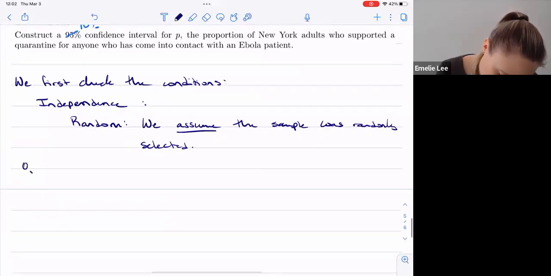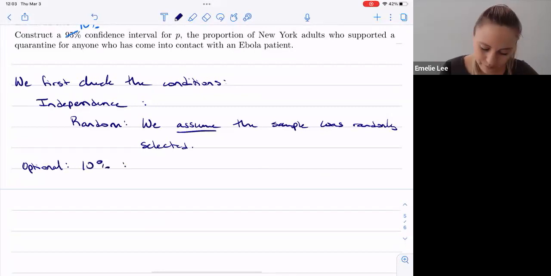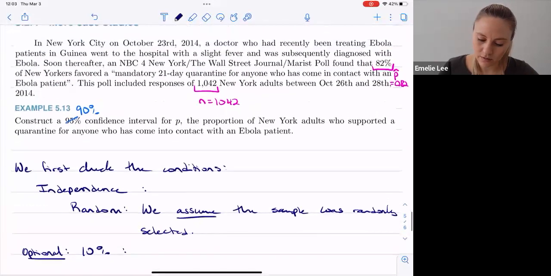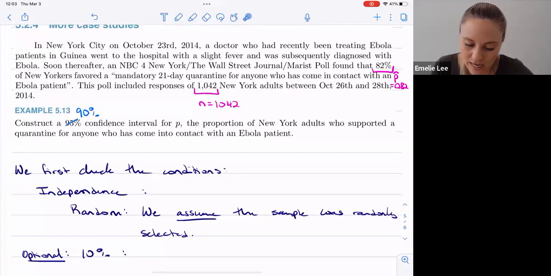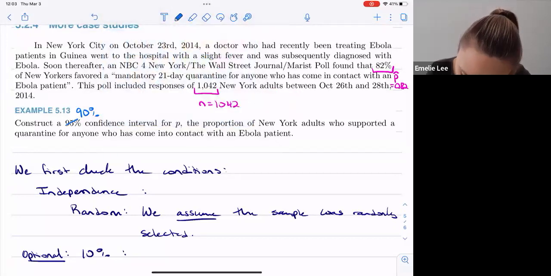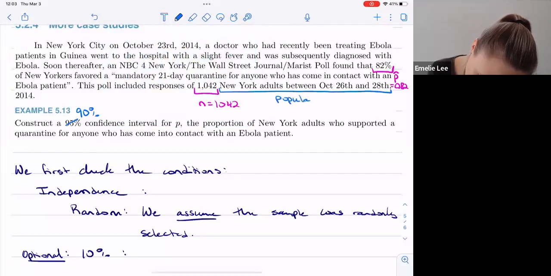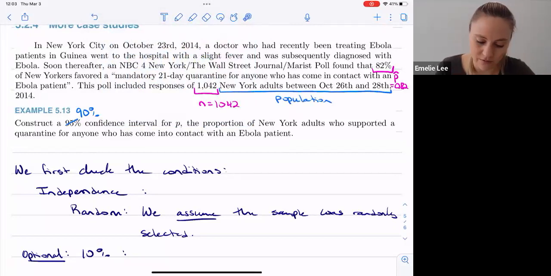I am also going to include the optional 10% condition. The 10% condition says that my sample size has to be less than, or reasonably less than, 10% of the population. Now, the population is the New York adults between October 26th and 28th, of 2014.